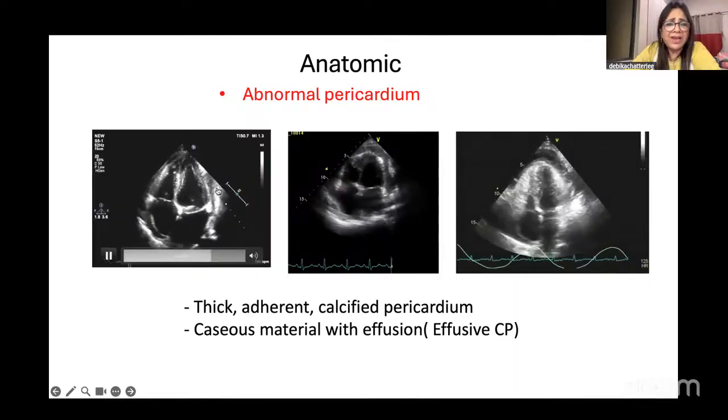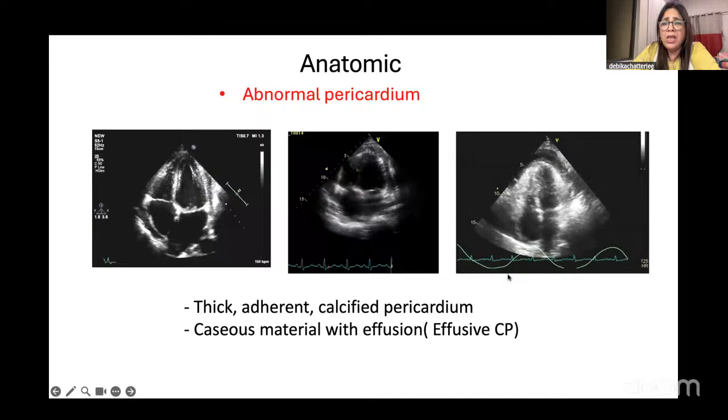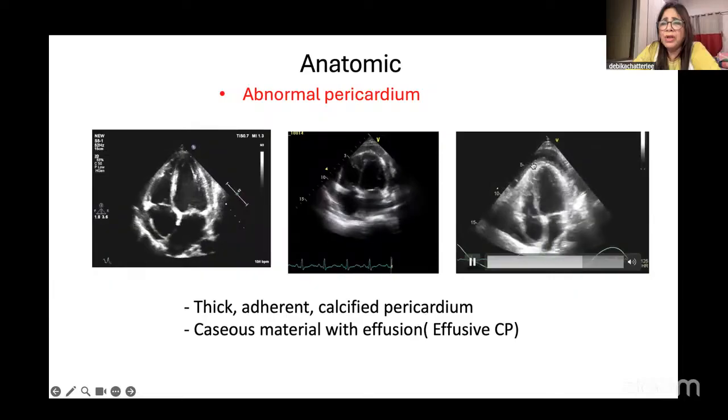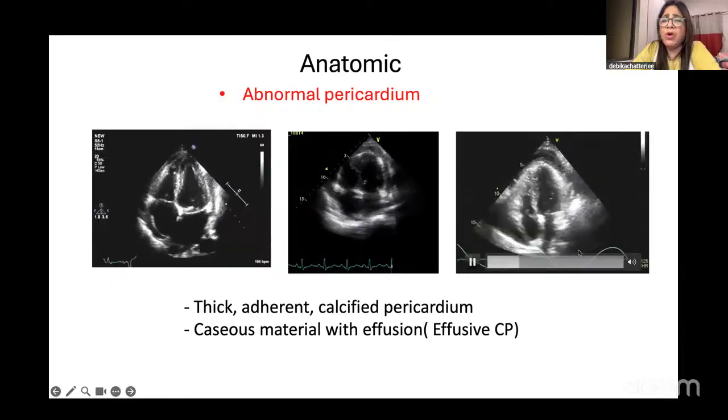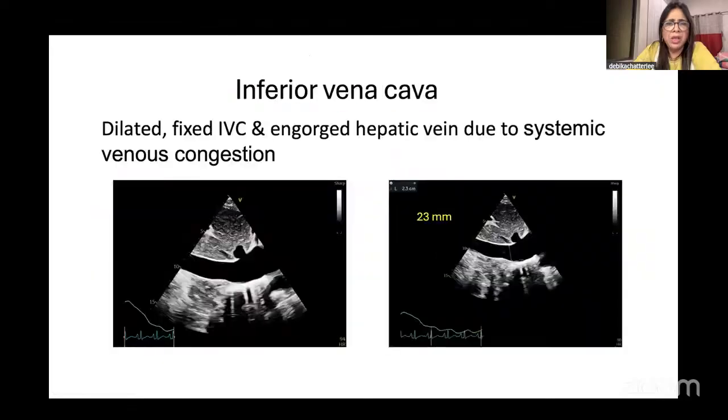It has become adherent, calcified in some places, and sometimes you may see caseous material. You see this echodense material attached along the visceral pericardium, which is the caseous material, and there is some effusion. So we call it effusive constrictive pericarditis.